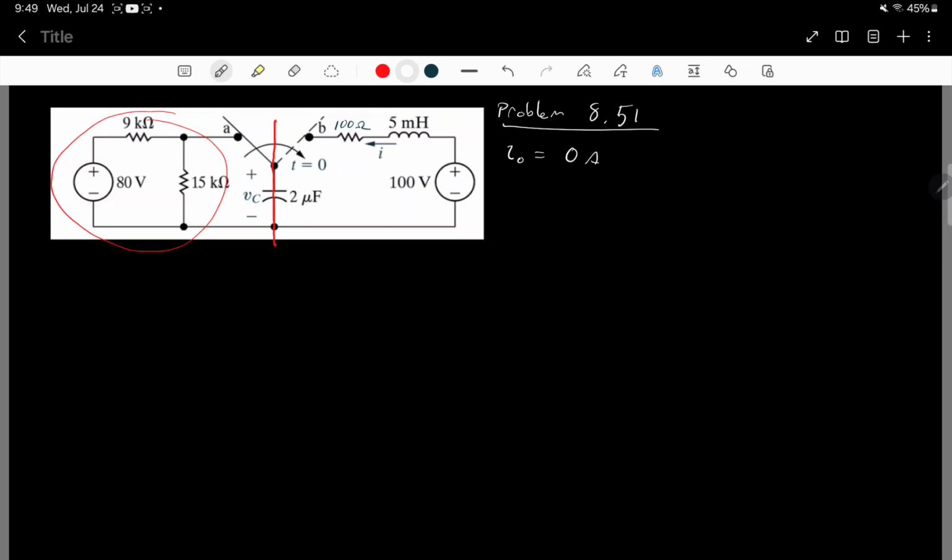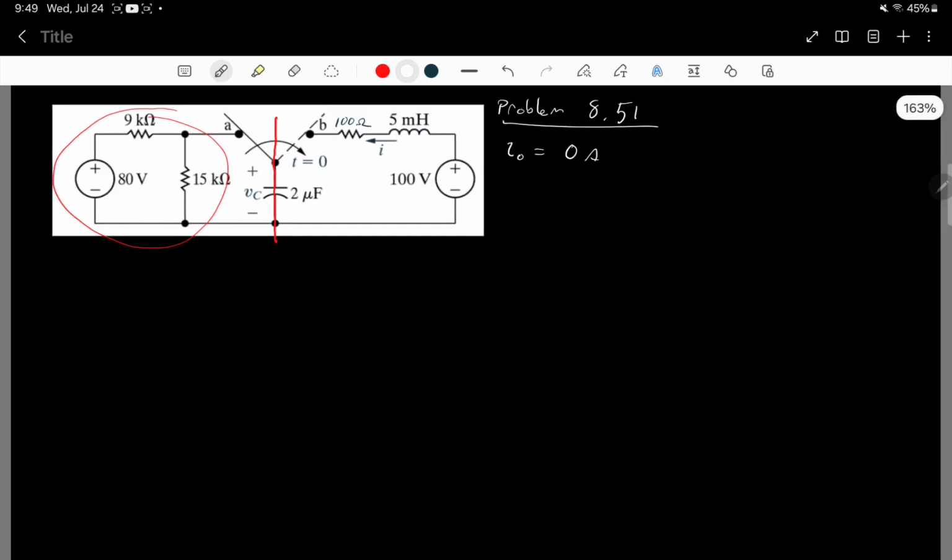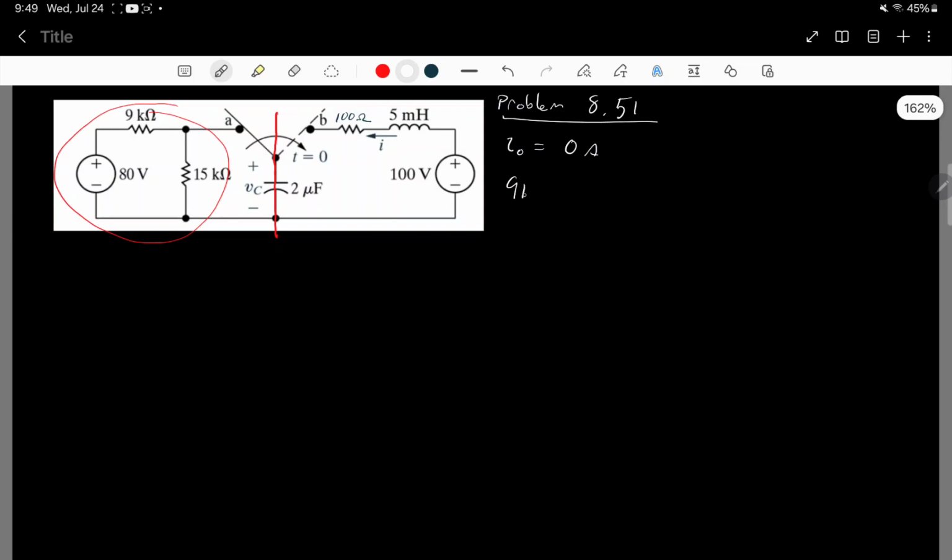Essentially all that is the series combination of a 9 kilo ohm and a 15 kilo ohm resistor, which is 24 kilo ohms.